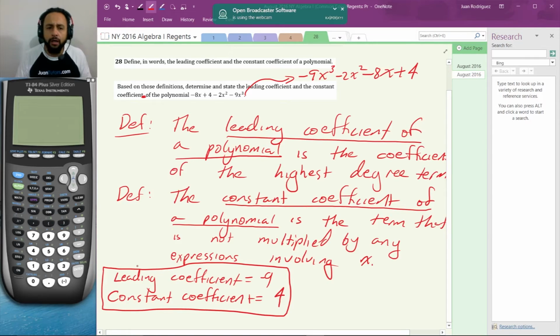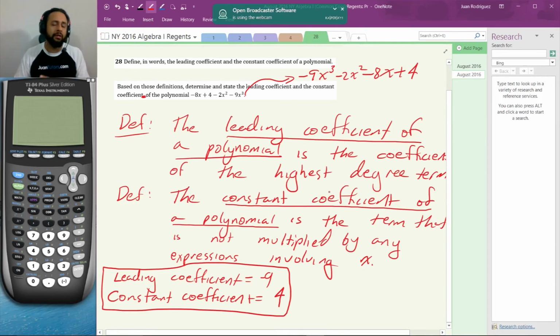Hopefully, the discussion that we had helped you understand the difference between the leading coefficient and the constant coefficient. Hopefully, I also did a good enough job to explain that it's not just knowing what they are, but also avoiding the pitfall that they're looking for you to make. You do have to put this in the correct ordering so that you can really visually see the leading coefficient; it's not just reading the first term and calling it quits.